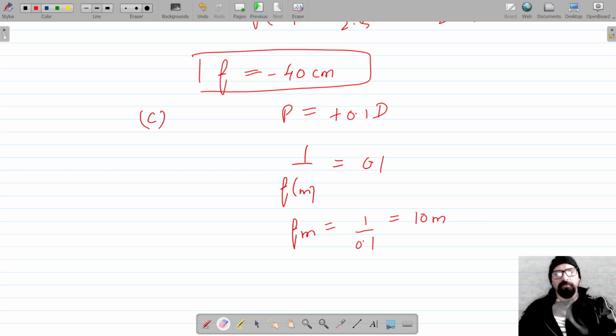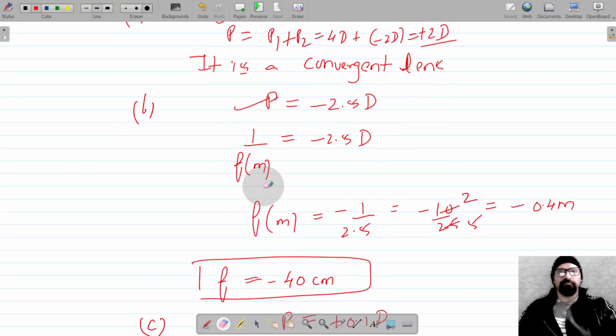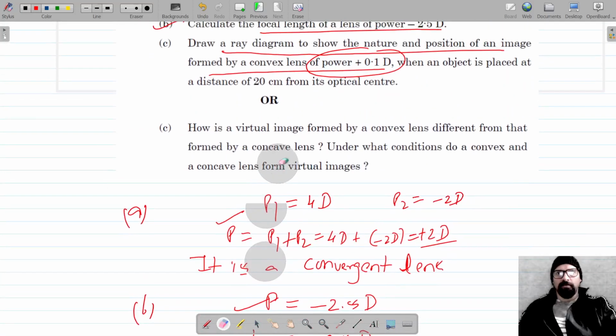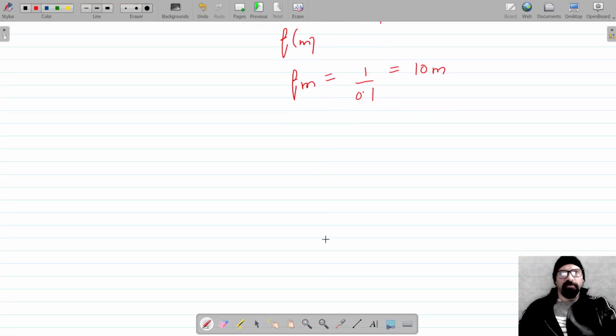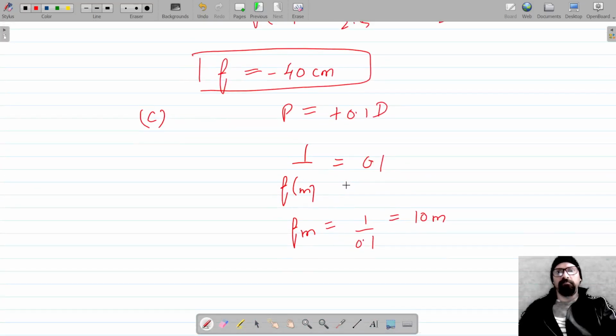Now the image is formed by a convex lens of power 0.1 D, and the object is placed at a distance of 20 centimeter from its optical center. So it's a convex lens, the object is placed at 20 centimeter, and the focal length is 10 meter.